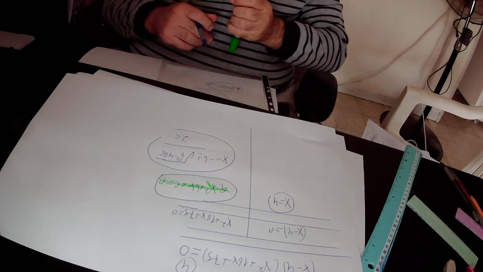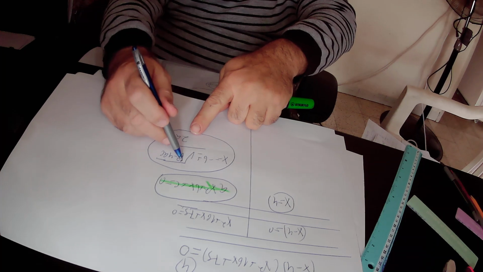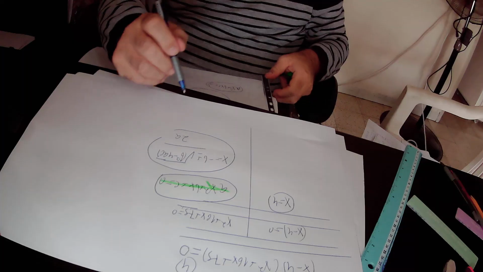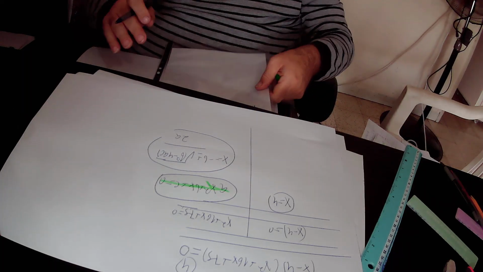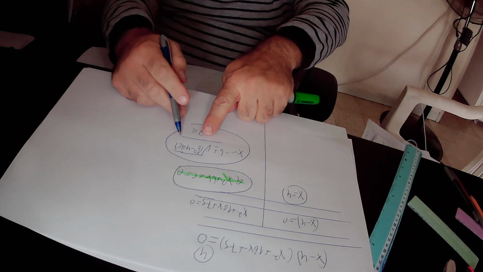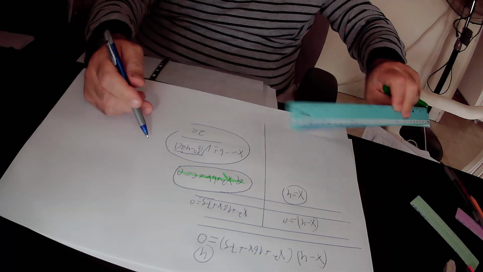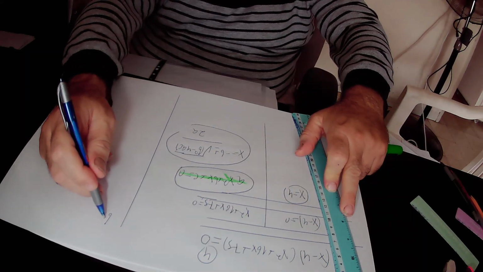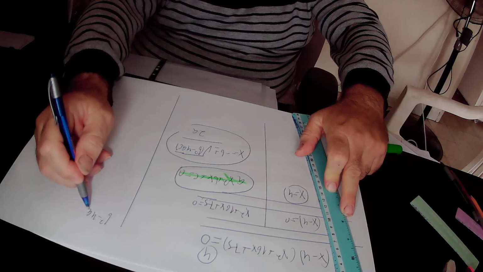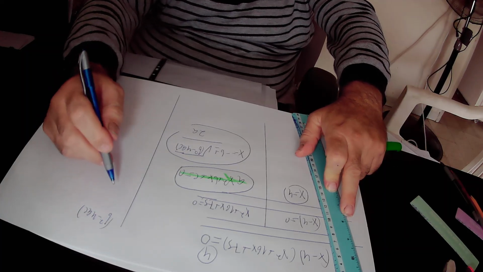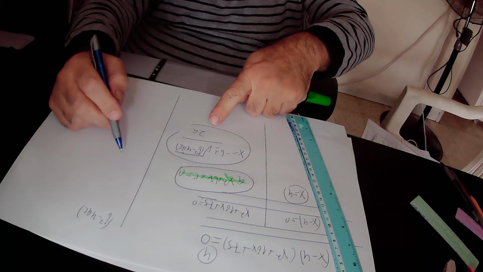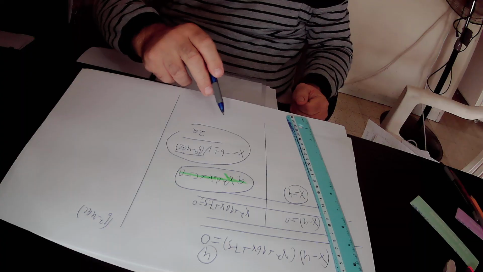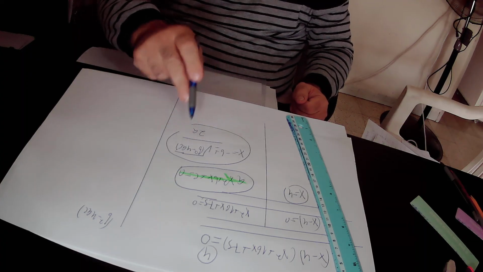This b squared plus 4 times ac is the determinant of this quadratic equation. But again, this expression inside the root is actually b squared minus 4 times a times c, which is the determinant of this quadratic equation in this general formula.